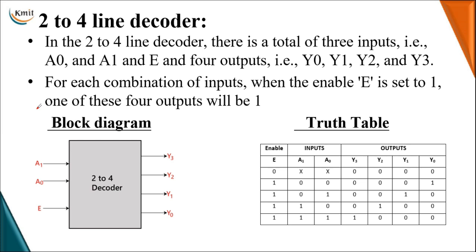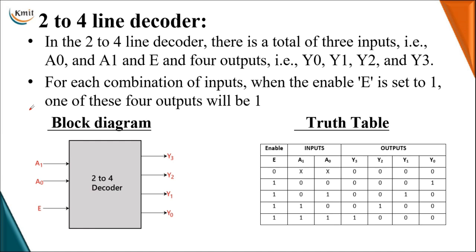So now let me symbolize the inputs as A0, A1. In addition to these two inputs, we also use an enable input in order to control the operation of the 2 to 4 decoder. The enable input simply acts like a control signal for operating the decoder circuit. We have 4 outputs, which are labeled as Y0, Y1, Y2 and Y3.